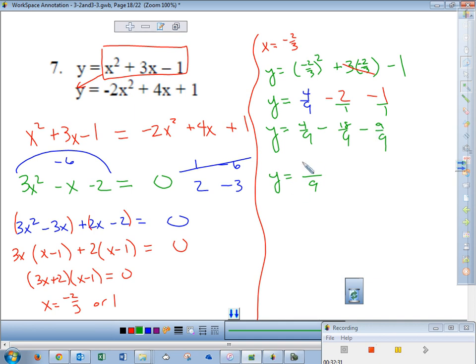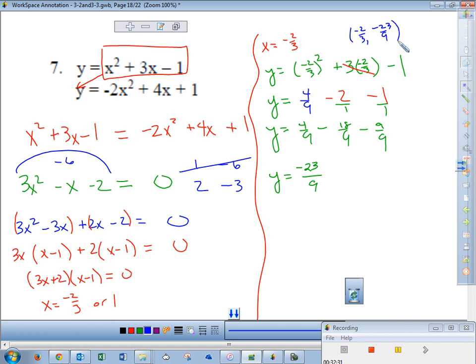What'd you get? What's negative 14 minus 9? Negative 23? Does that reduce? Nope. So one of the ordered pairs was negative 2/3, negative 23/9.